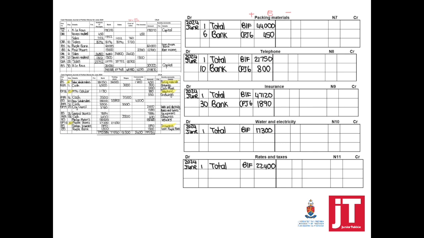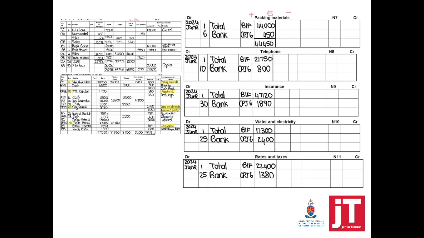When we're posting from sundry accounts, it's on the day the transaction took place. And then water and electricity on the debit side on the 25th, 2,400, and then rates and taxes on the 25th, 1,380.